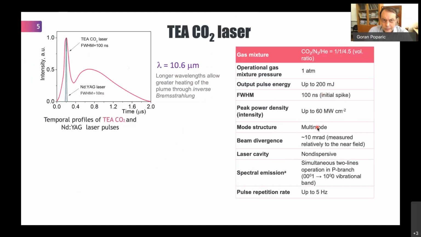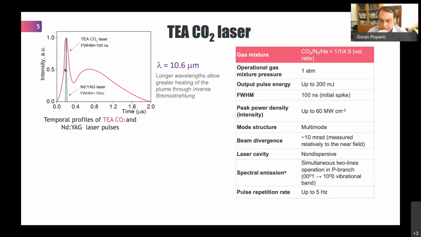What is the difference between general LIBS setups and our setup is that a neodymium YAG laser is used in most LIBS setups. The difference between the neodymium YAG laser and our carbon dioxide laser is regarding the working wavelength of the laser and the temporal profile of the laser pulse.